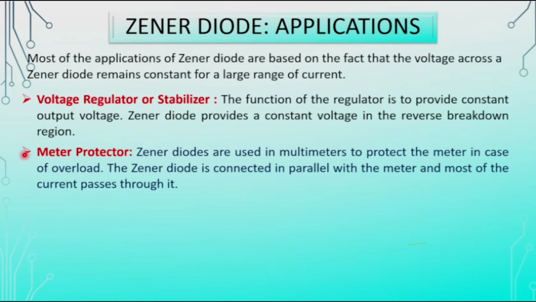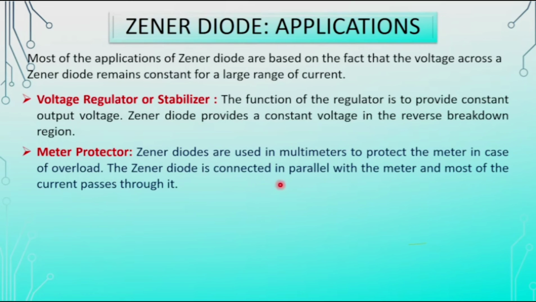The next application is meter protection. Zener diodes are used in multimeters to protect the meter in case of overload. What is happening if some multimeter, voltmeter, or ammeter is there? If you connect a Zener diode across that, and a very high current comes through the circuit, it will pass through the Zener diode, and hence these multimeters will get protected.